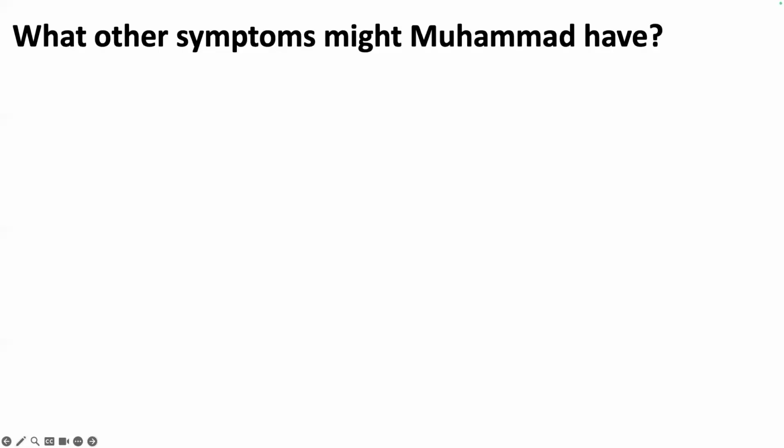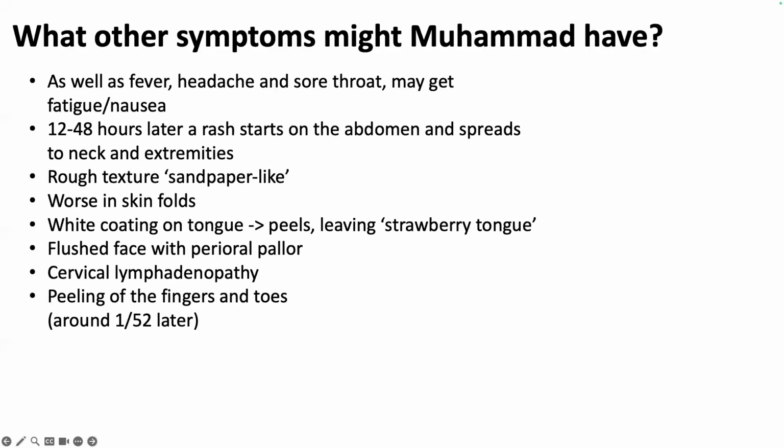Have you heard of the idea of strawberry tongue? We would call it that in the UK. It's where you get a white coating on your tongue, and then this peels off, leaving a bobbly pattern on the tongue. You may have a different name for it, but it looks essentially like a strawberry. Strawberry tongue, yeah. Exactly.